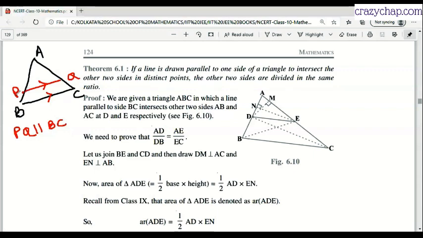No. It may be, it may not be, right? If I draw in the midpoint, it can be. But P may or may not be the midpoint of AB, right? Q also may or may not be the midpoint of AC. So the only information is that line PQ is parallel to BC.